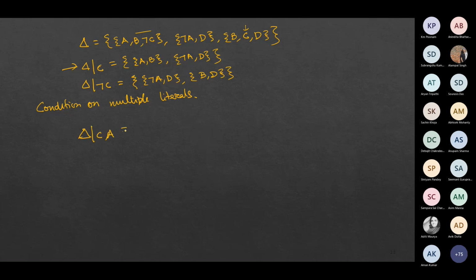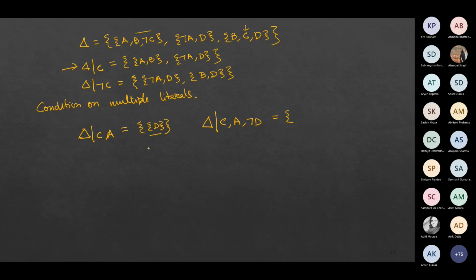If we do that, what we get as output is D. Then, if we condition over C, A, and not D, what will we get?